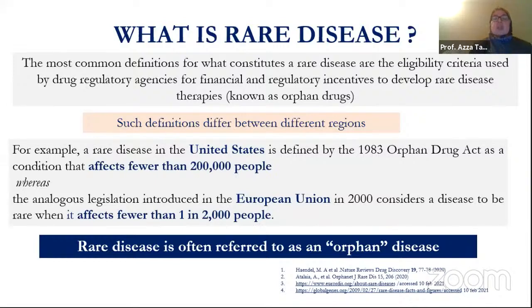The aim is to give rare diseases the most importance in getting new drugs for these diseases, known as orphan drugs, al-amrad al-yatima, because no one used to care about these rare diseases. In the United States, it is defined as a disease that affects fewer than 200,000 people. In the European Union, it is defined as a disease that affects less than 1 in 2,000 people. So these are the orphan diseases.